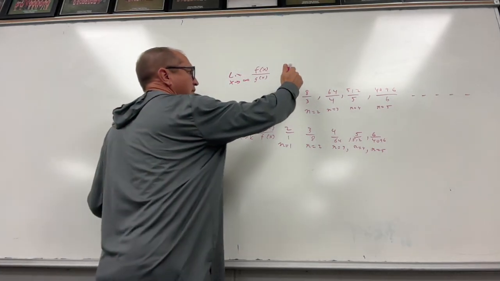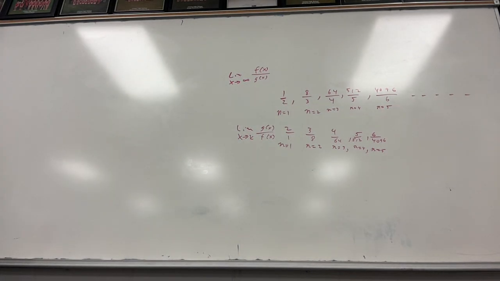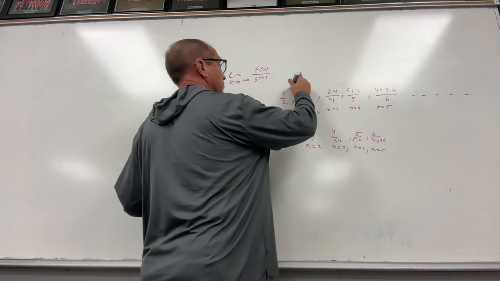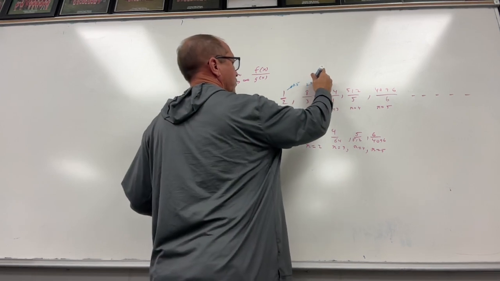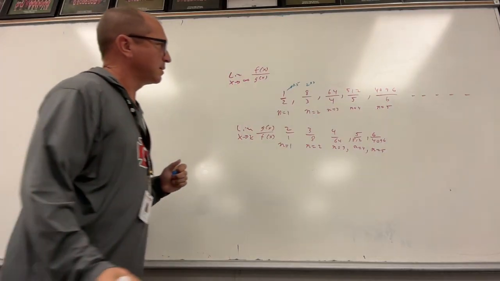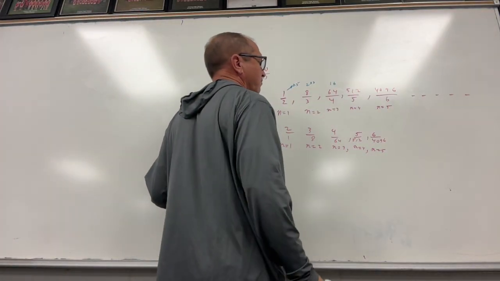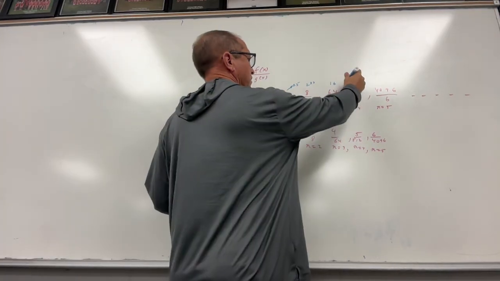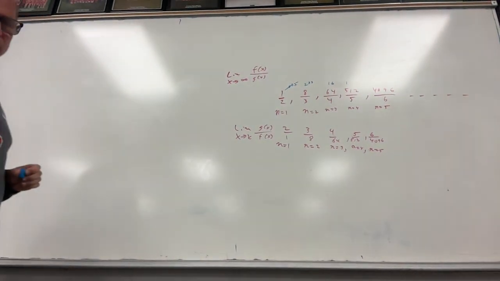Well, 1/2 yields 0.5. 8/3 would be 2.33. Okay, not very big, right? 64 over 4 is 16. 512 divided by 5 is 100 something.